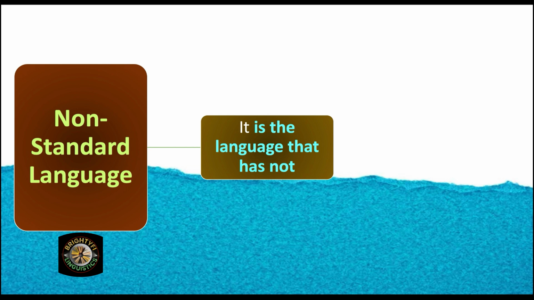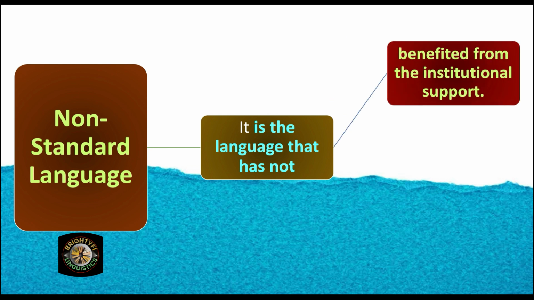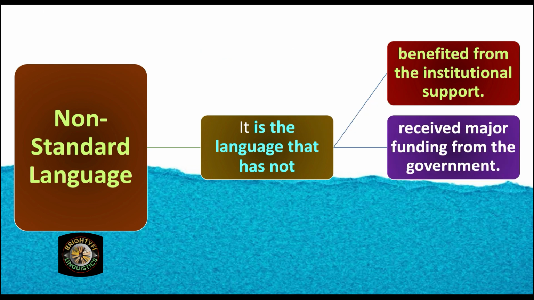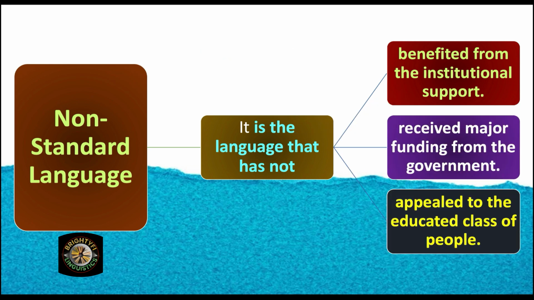We continue with some more ideas about non-standard language. It is the language that has not benefited from institutional support. So non-standard language is largely ignored and does not have any kind of support. That is to say, it has not received major funding from the government and has not appealed to the educated class of people, to the civilized class of people, to the rich class of people.